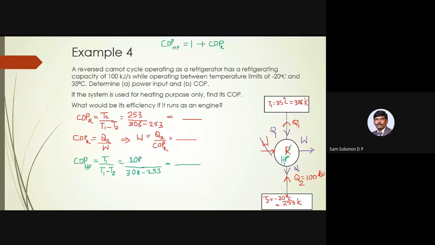Now they are running this as a heat engine and they want us to find the efficiency. So efficiency is 1 minus T2 by T1. That's all.